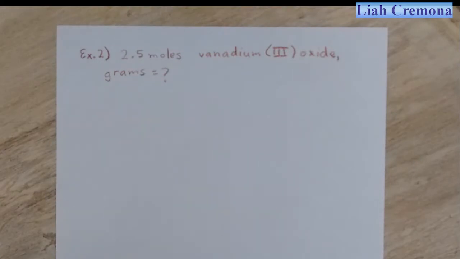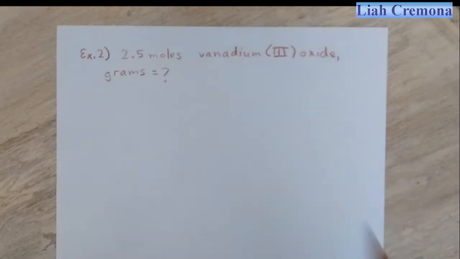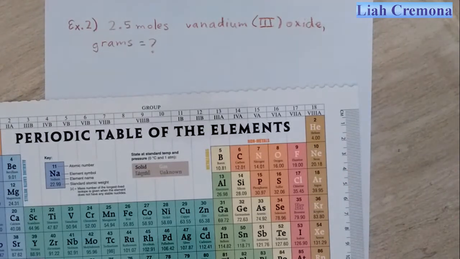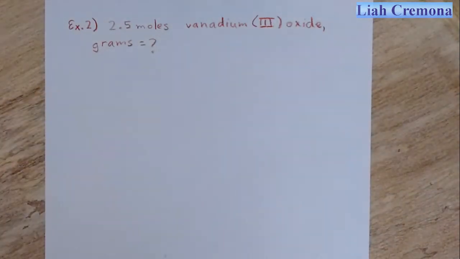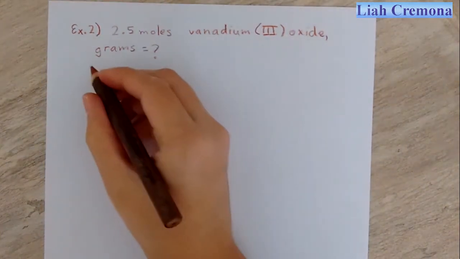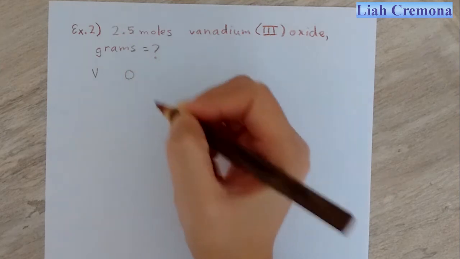The first step is to find the chemical formula for vanadium oxide. When we look at the periodic table, we see that vanadium is represented by V and oxygen is represented by O. So we have vanadium and we have oxygen.